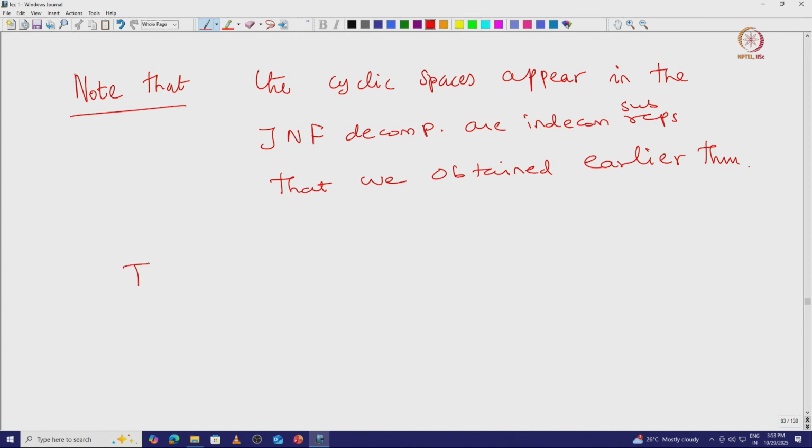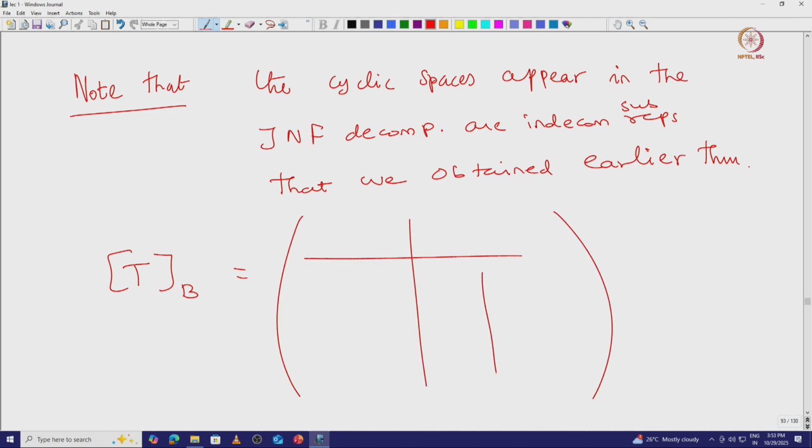So, basically the matrix of T with respect to whatever basis is coming from these individual Jordan blocks is going to look like the corresponding Jordan blocks J lambda 1 n 1, J lambda 2 n 2 and so on.